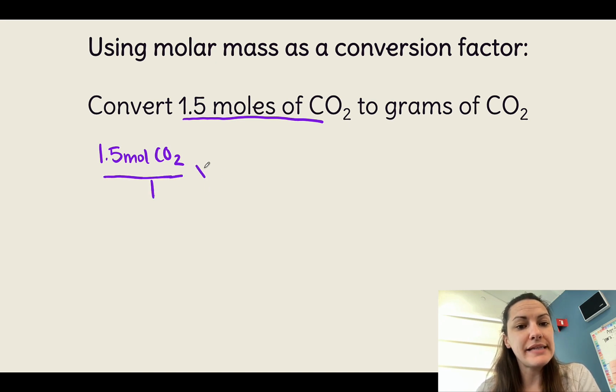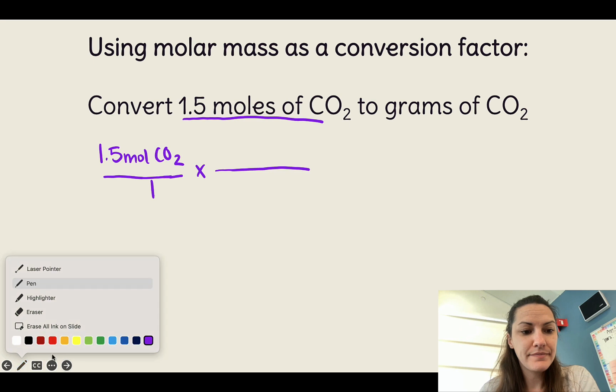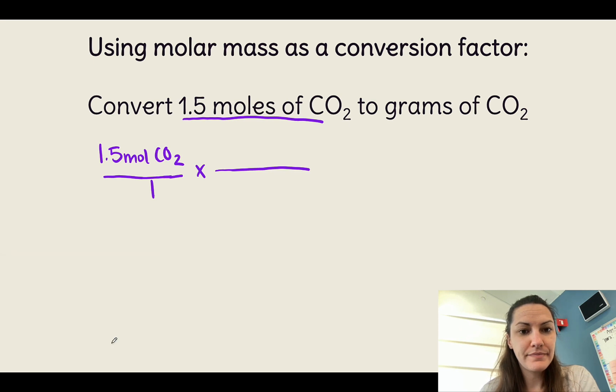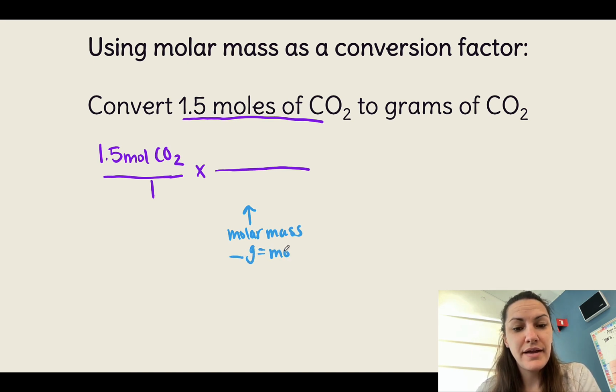We're then going to set up a second fraction, and we want to put the molar mass into this fraction as a conversion factor. So we first need to do some work on the side to figure out what that molar mass is going to be.